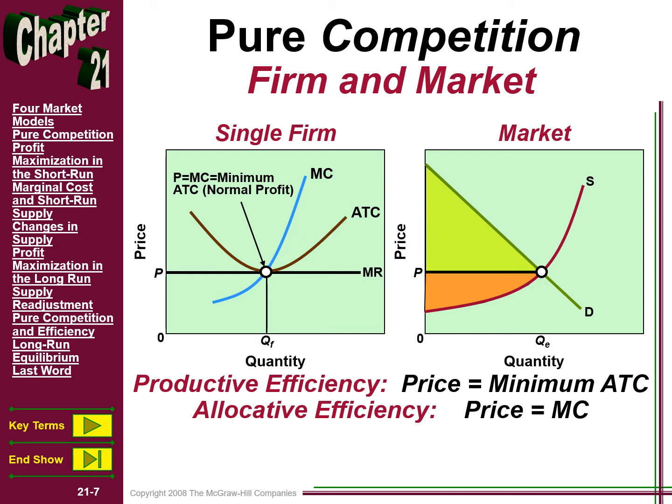On the left-hand side, we have the picture of a single firm competing in a purely competitive industry. So that is the reason why price equals marginal revenue equals demand. The black demand curve, also the marginal revenue curve, also price as experienced by the single seller competing in a purely competitive market, is perfectly elastic at the market price. So this is review. You should remember this.